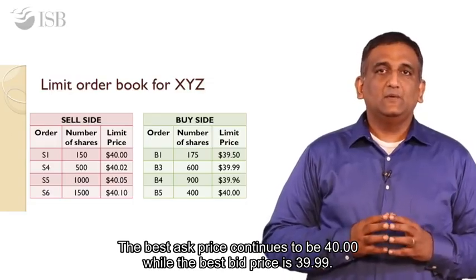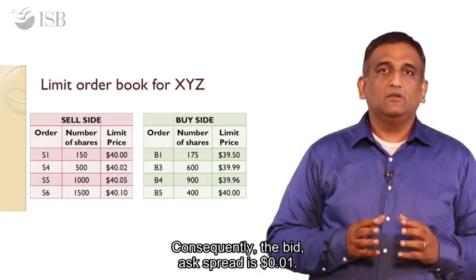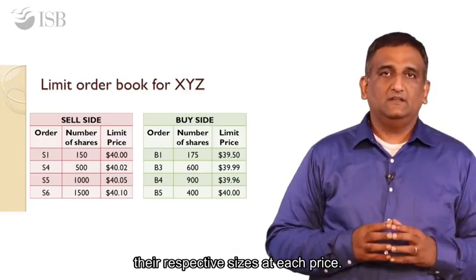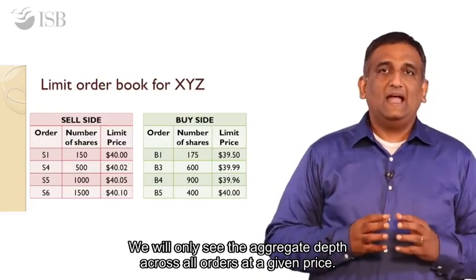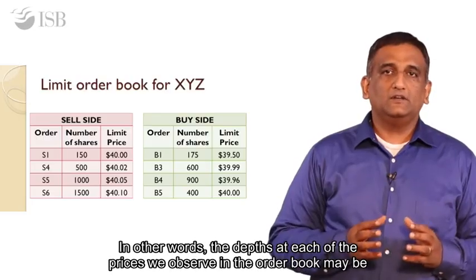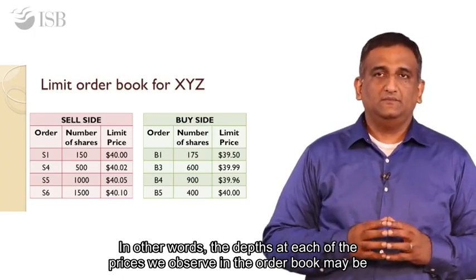Note, in reality, we will not see the individual orders and their respective sizes at each price. We will only see the aggregate depth across all orders at a given price. In other words, the depths at each of the prices we observe in the order book may be contributed by multiple orders or a single order. That is something we will not know precisely.